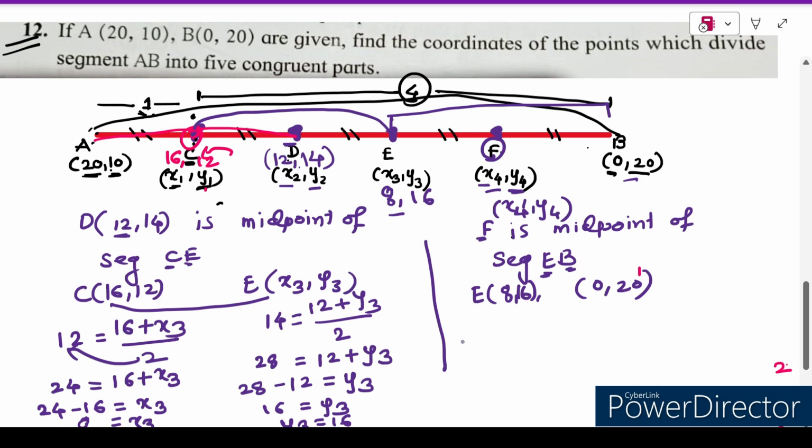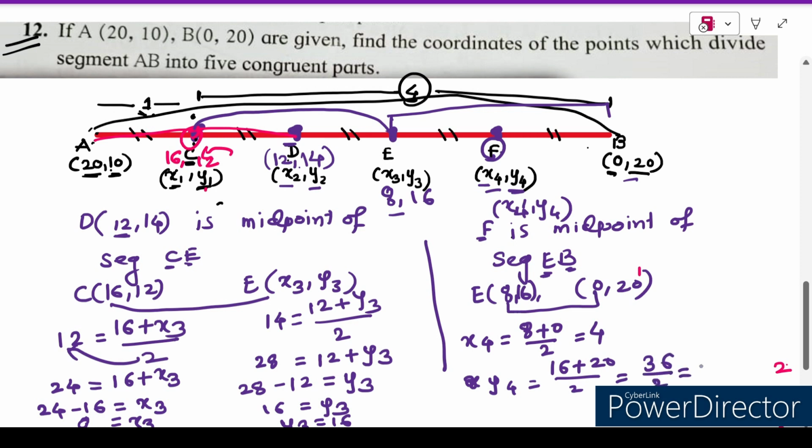Now x4 can be calculated as the midpoint of 8 and 0, that is 8 plus 0 divided by 2, equal to 8 by 2, that is 4, and y4 can be calculated as 16 plus 20 divided by 2, that is 36 divided by 2, equal to 18.